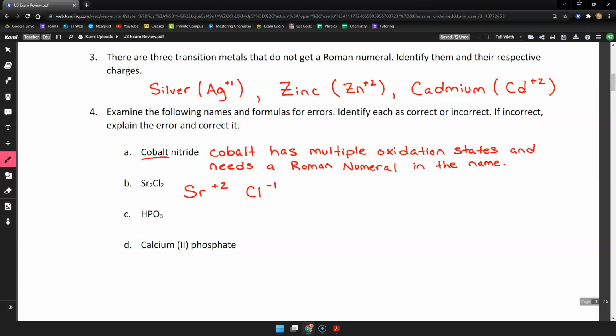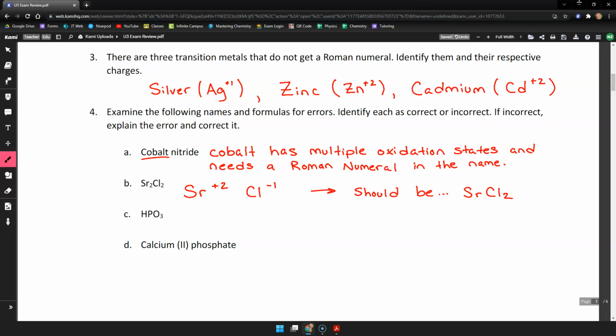So I would end up with an overall charge of -2. So we need strontium, which is a +2, and then we need 2 chlorines, and that would be 0. So 2 chlorines gives us -2, strontium +2, put them together, and 0.